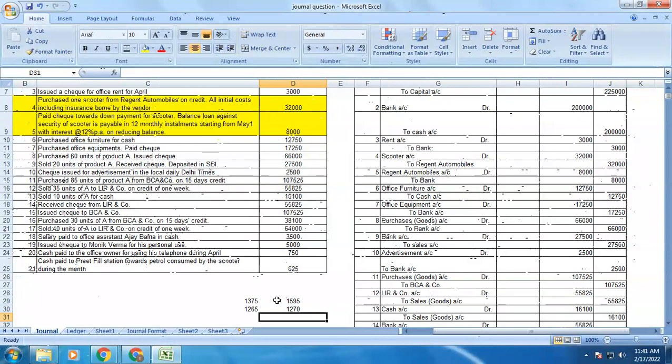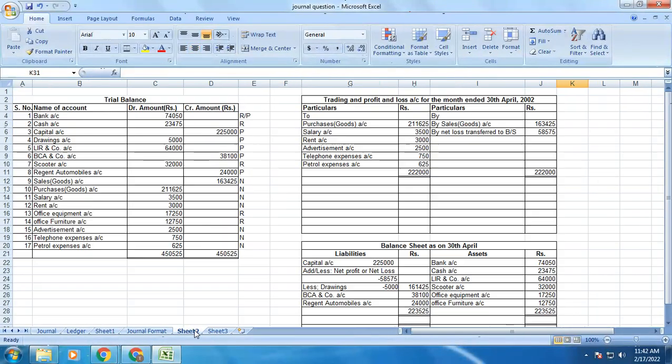Now how many units have we bought in total? Yes, during the month of April, we have bought 175 units. And how many have we sold?